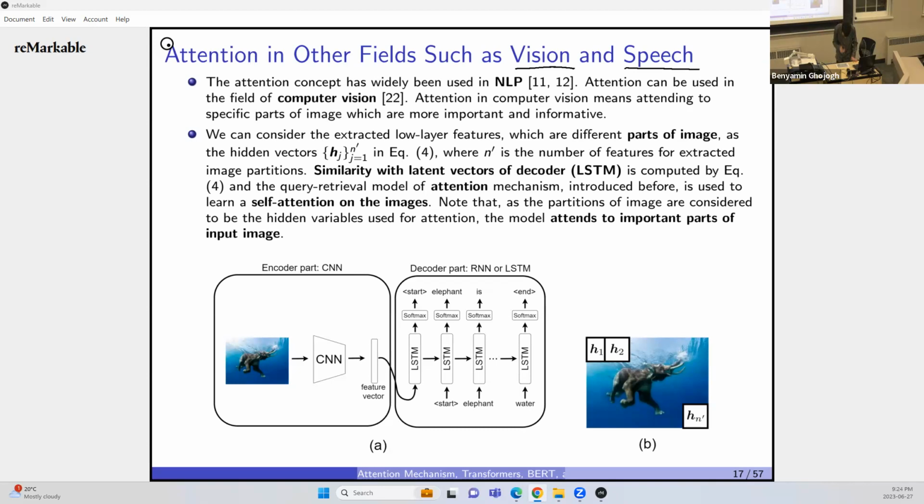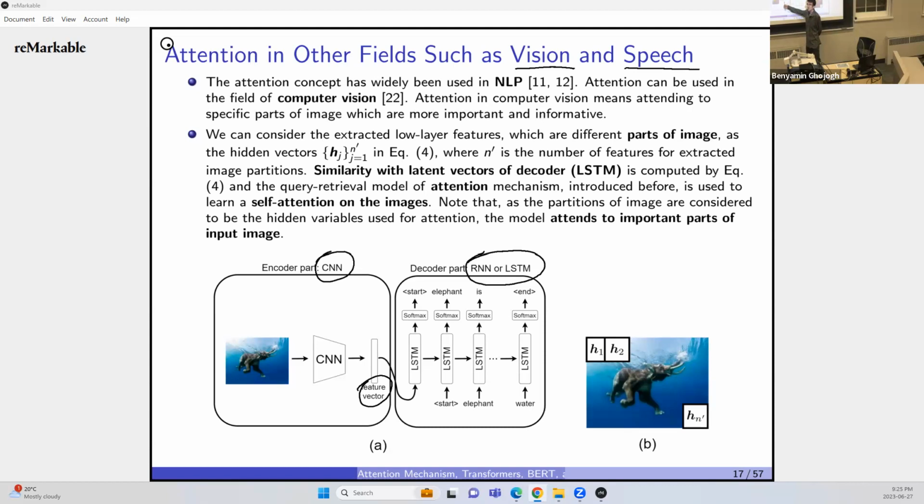For example, you have an image, you have a convolutional neural network. It gives you some feature vectors, right? And then you can feed these feature vectors into some LSTM. You can see it as encoder as a CNN and decoder as an RNN or LSTM. This is without attention, okay? Then using this, what can I do with this left-hand side?